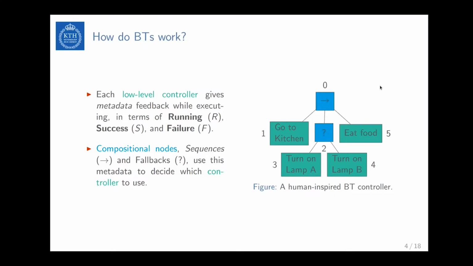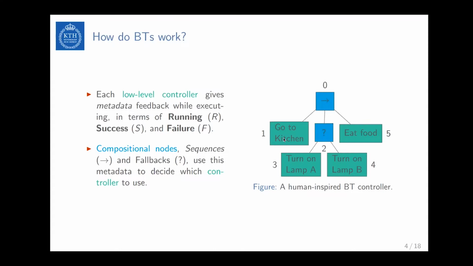The colors I've used here help to highlight this relationship. Each one of the low-level controllers here in green gives metadata feedback. So while this action here, go to kitchen, is executing, it will tell the rest of the tree: am I succeeding, am I running, or am I failing?